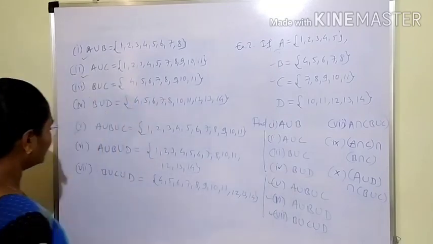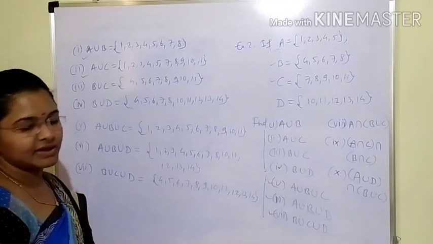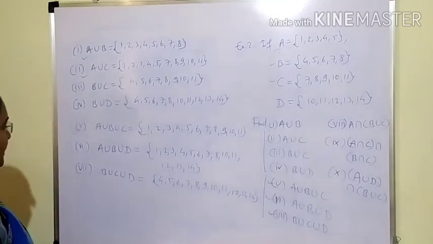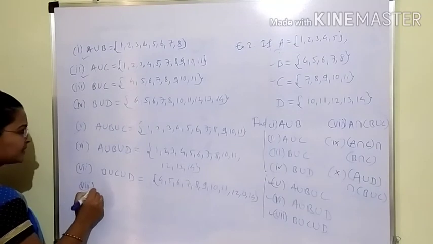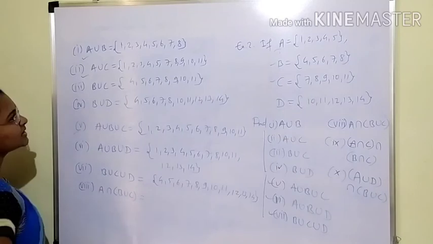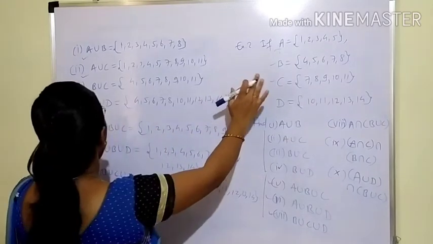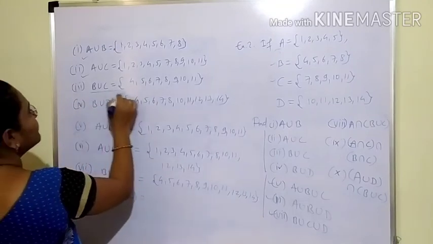So here we have seen union of 3 sets. Understood? Now for the 8th question, A intersection B union C. Now students, we are having set A also and B union C also.